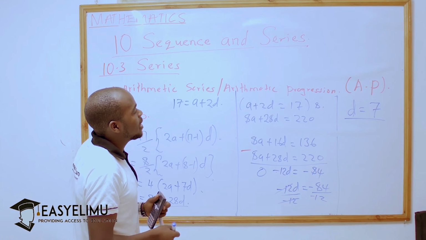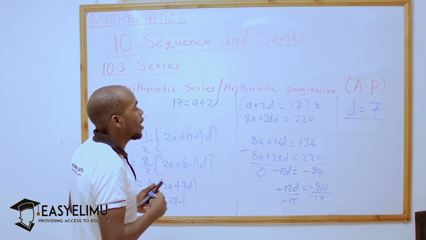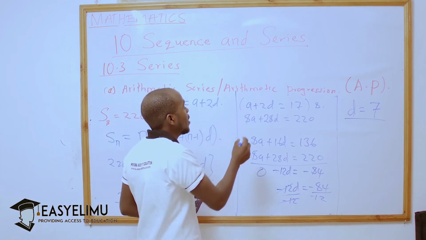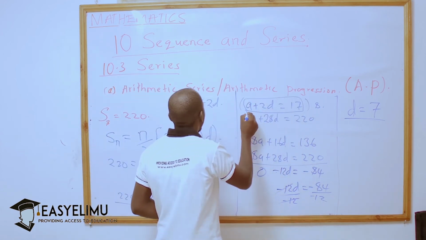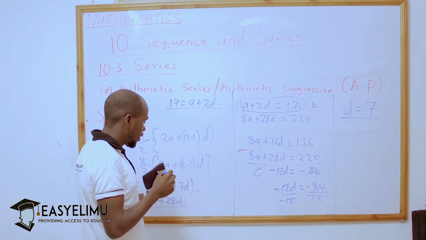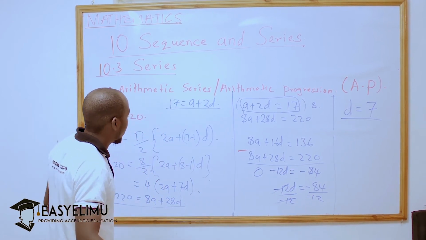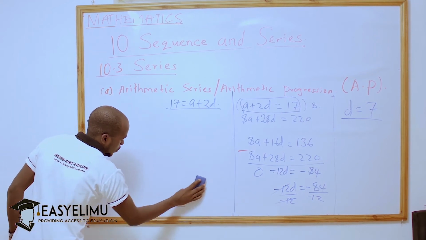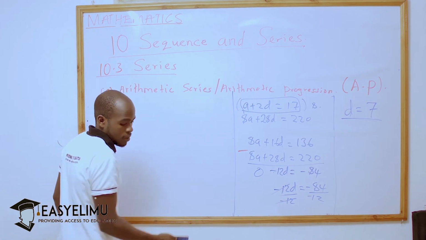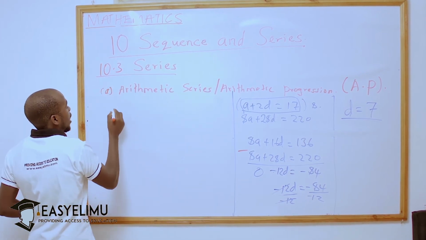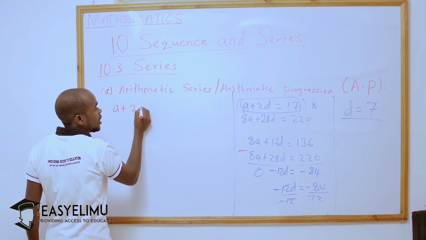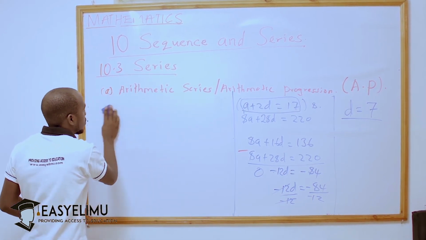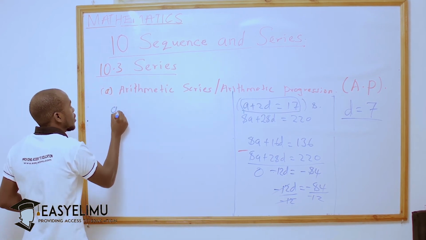So after finding d equals 7, we can use one of the equations to help us find the value of a. I will suggest we use this equation here: a plus 2d equals 17.